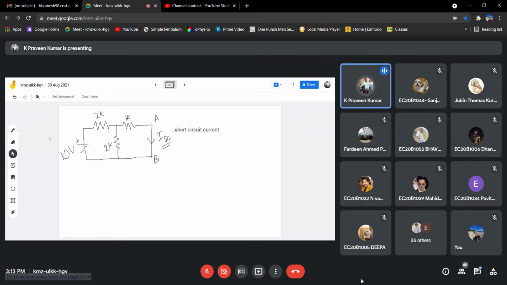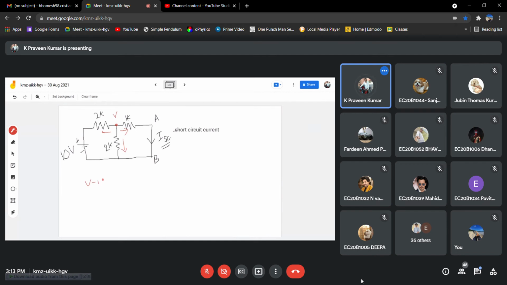Okay. So again, same, how we can calculate this short circuit current? Again, simple, we can apply your simple KCL KVL rule. We can find out what is this short circuit current. Right. So now what is the KCL expression here?